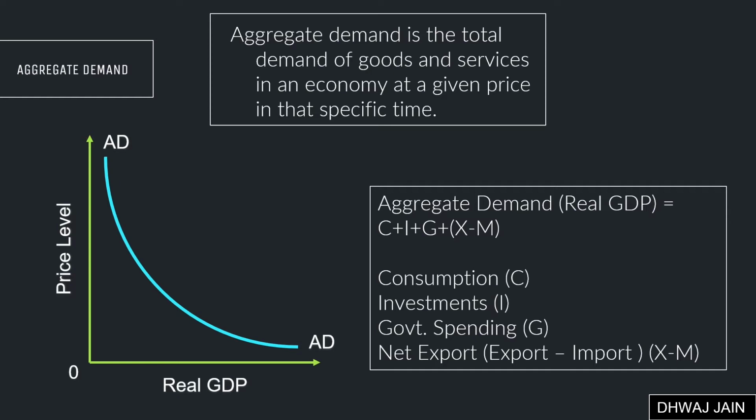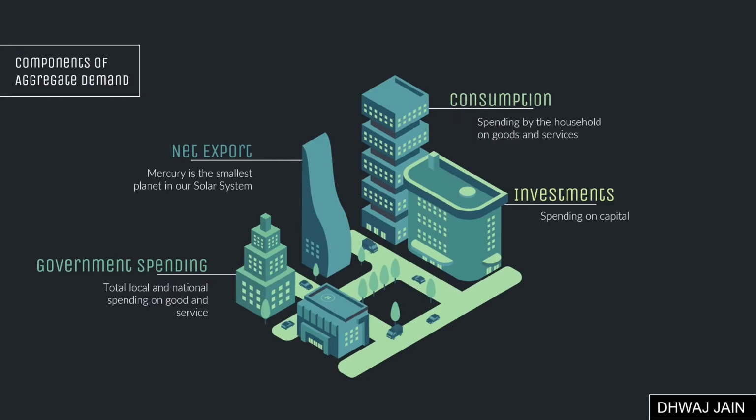You find the difference between the total exports and the total imports, which gives you X minus M. These are the four components of aggregate demand: consumption, investment, government spending, and net exports. The largest proportion of aggregate demand is consumption.